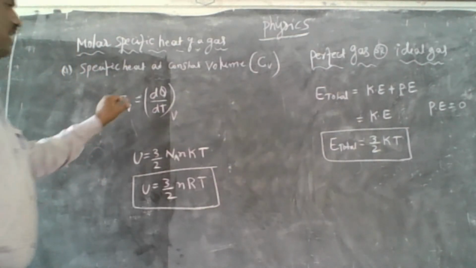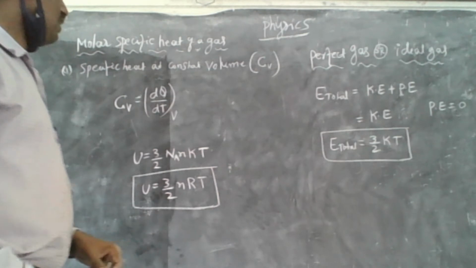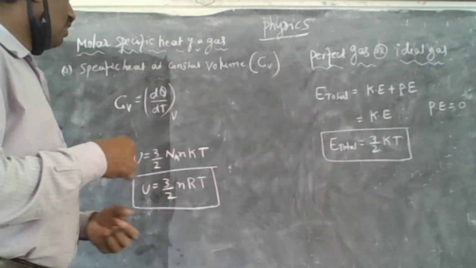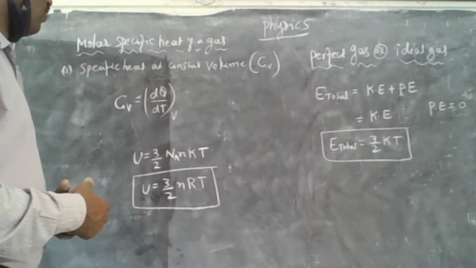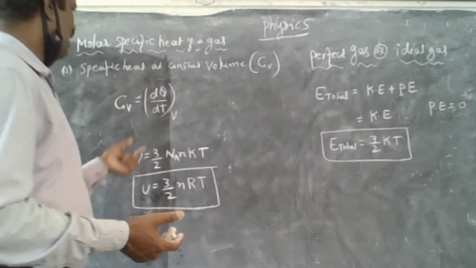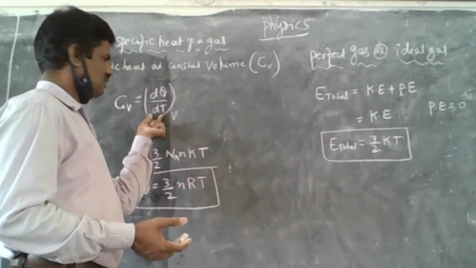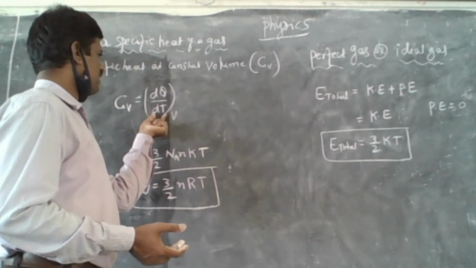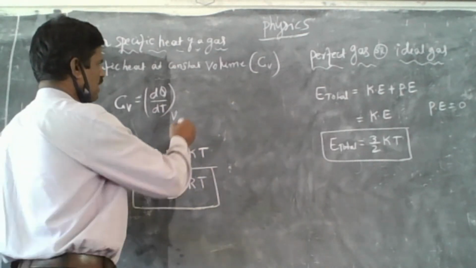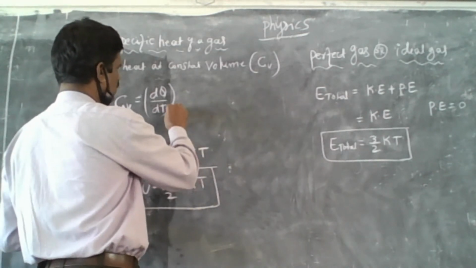What do you mean by dQ? dQ is the heat energy supplied to the system, the amount of heat energy required to raise the temperature of a gas through 1 Kelvin, keeping volume constant.